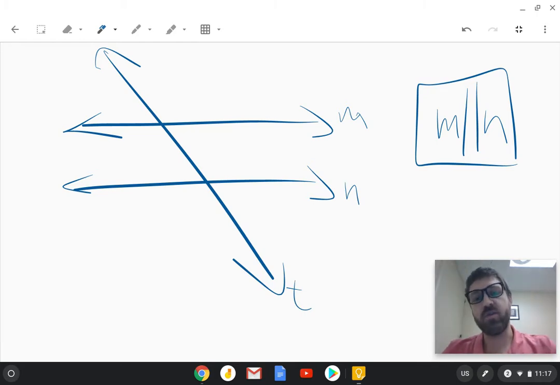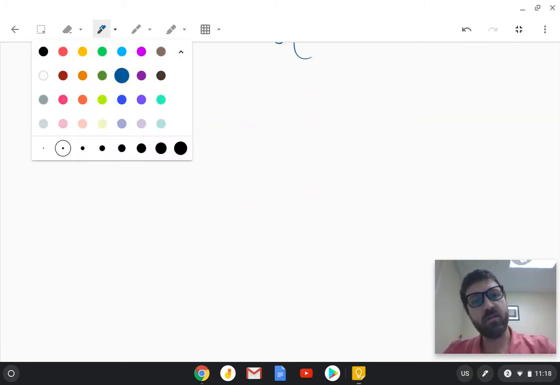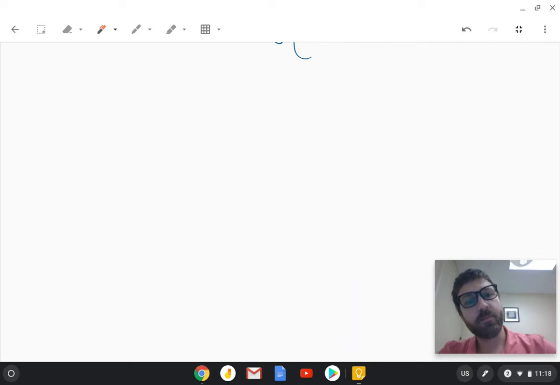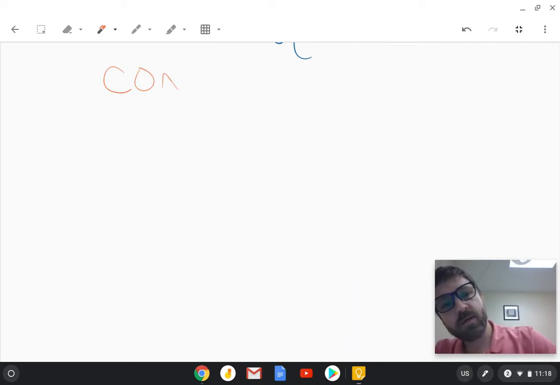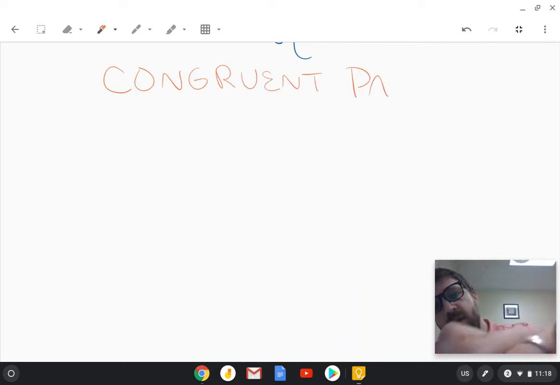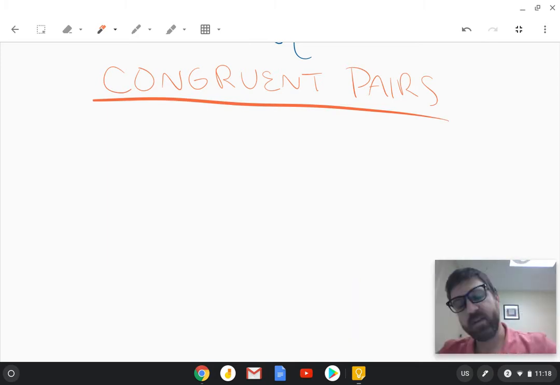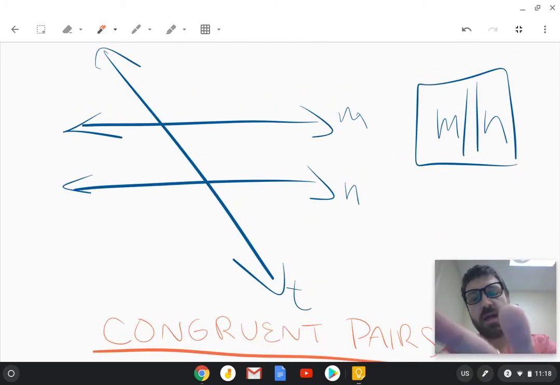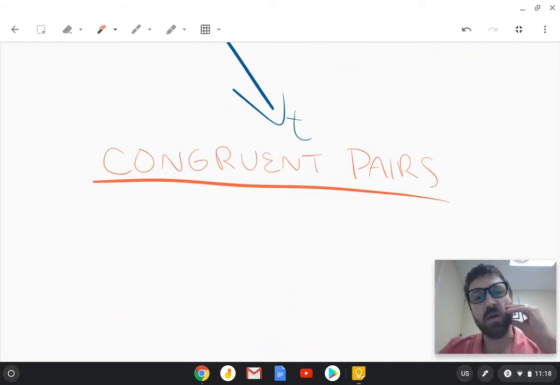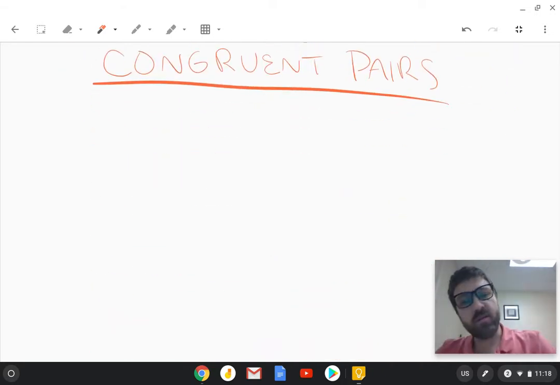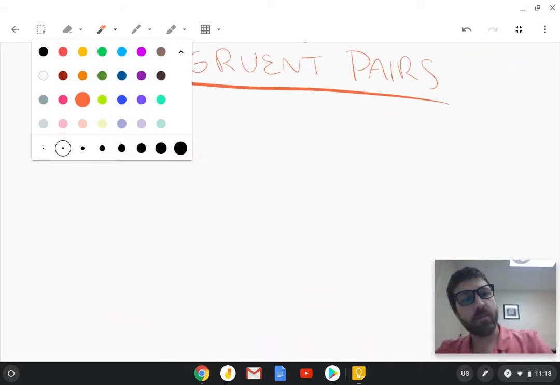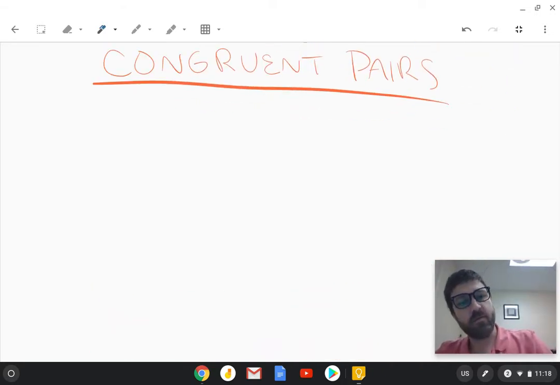So I'm going to break these into two categories. The first category is going to be congruent pairs. In other words, these are angle pairs from the previous section that when the lines we're looking at are parallel, like we had here, they are congruent. So the ones that are congruent are the following. I'll draw 3 diagrams.